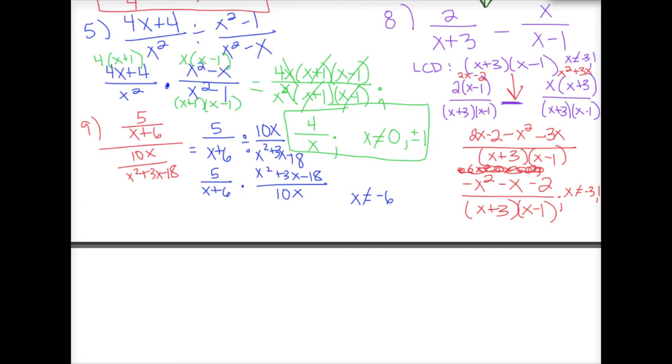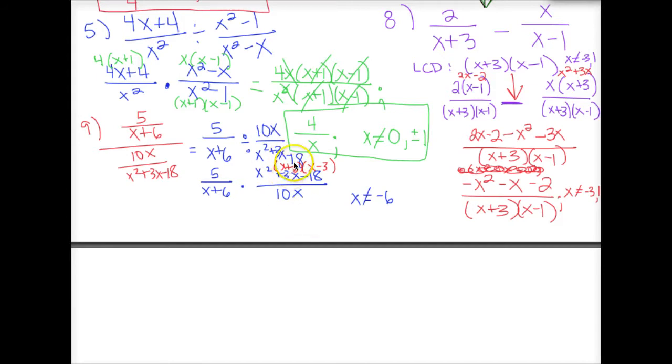Probably should factor that first, huh? The top one factors into x plus 6 times x minus 3. So this was my original denominator. It's in the numerator now, but originally it was the denominator. So I have to include this in the restrictions too. So essentially you have to look at the whole second fraction.